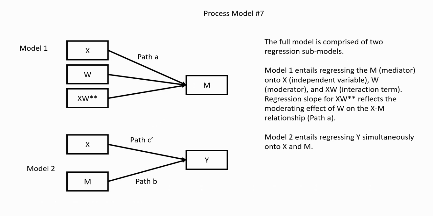Model 1 entails regressing the mediating variable onto variable X, the independent variable, W, which is our moderating variable, and then the interaction between X and W. So we have path A here, and by incorporating our interaction term, we are stating that path A will vary across levels of the moderating variable W. We also have model 2, where Y is regressed onto X and M. This regression slope reflects path B, and this regression slope captures path C prime.